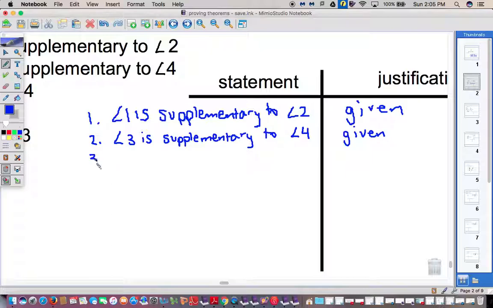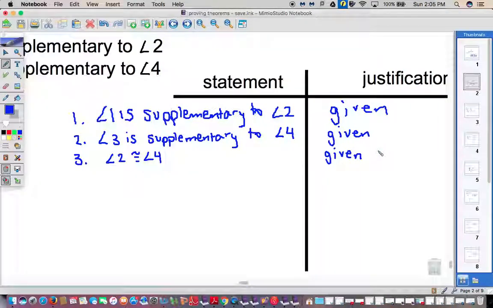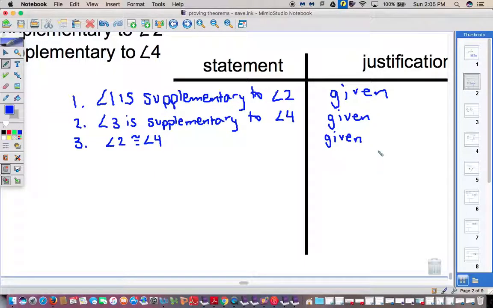Then step 3, we're given one more piece, that angle 2 is congruent to angle 4, and this again is given information. Now we're going to use this given information to come up with our next steps.